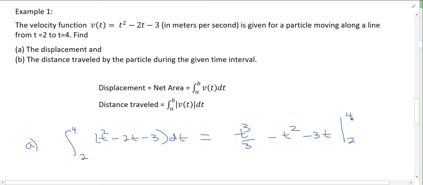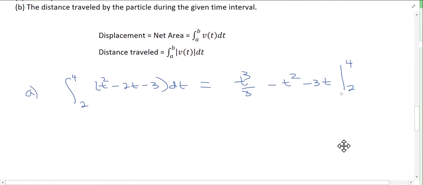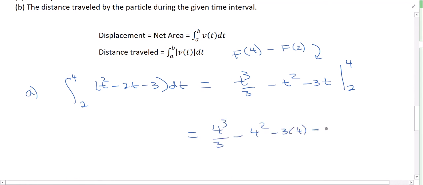And now use the fundamental theorem of calculus to plug in. So we always do f of b, the top limit, minus f of a, the bottom limit. And so now let's plug it in. So you're going to have 4 cubed over 3 minus 4 squared minus 3 times 4, and then minus, and make sure you use parentheses here when you plug in the 2.